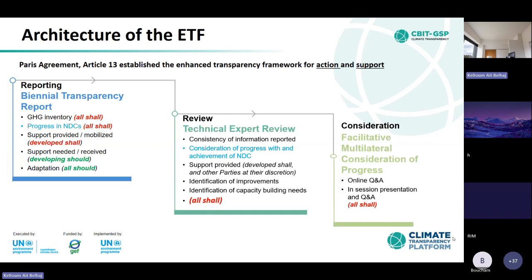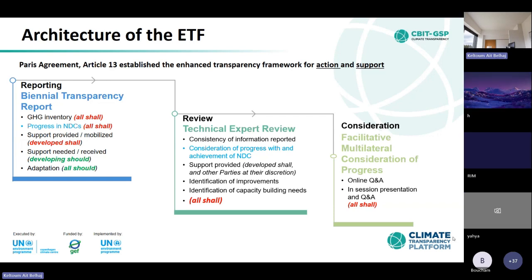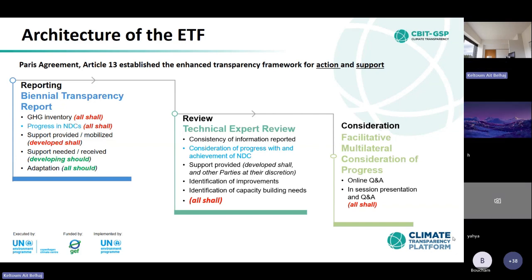It could be from countries or from organizations. So you need to provide answers to present your BTR and to get engaged in an open space of discussion. And together, these three stages ensure that reporting is not only a question of compliance, but a learning and improvement process over time.